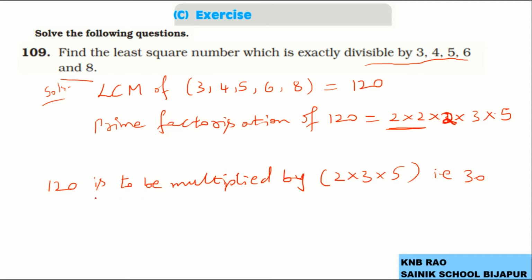So 120 is to be multiplied by 30 to make the product a perfect square.